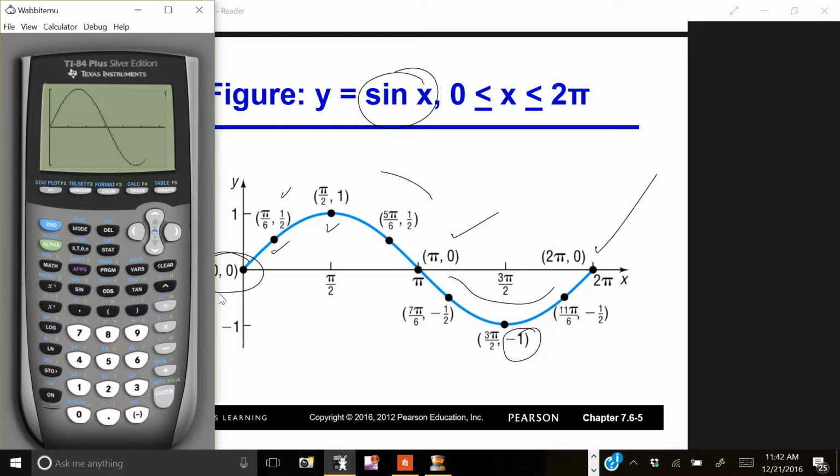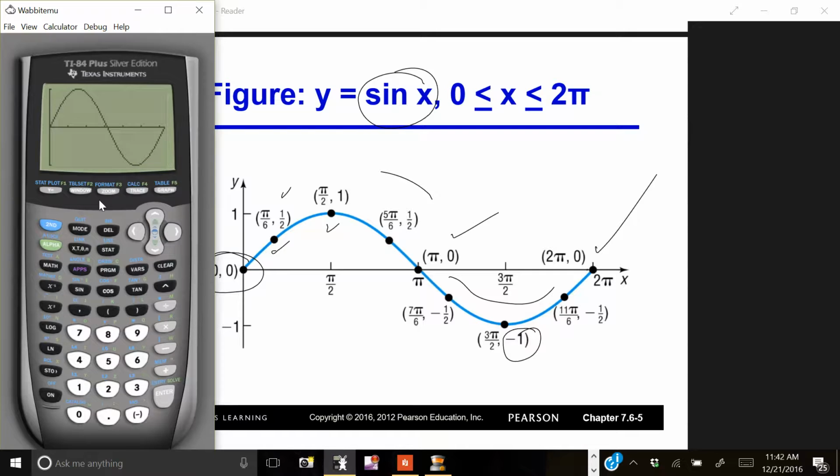So now we are seeing 1 full period. Notice this is 1, 2, 3, 4, 5, 6, and the end here is about 6.28, which is 2 pi. The maximum value is 1, and the minimum value is -1.